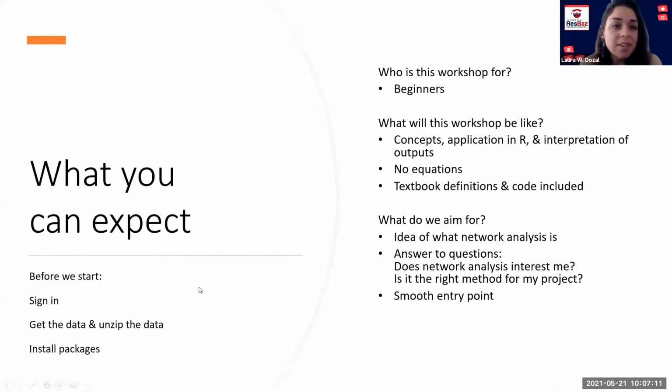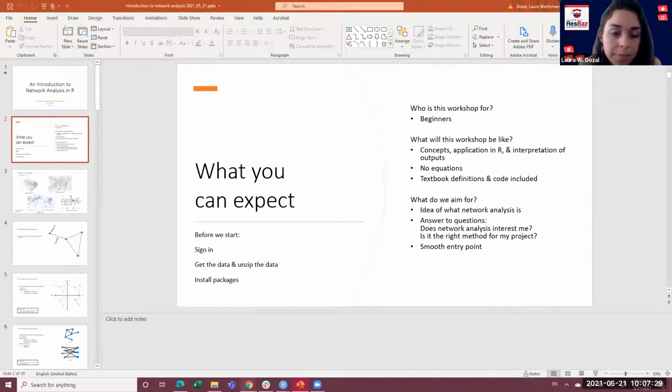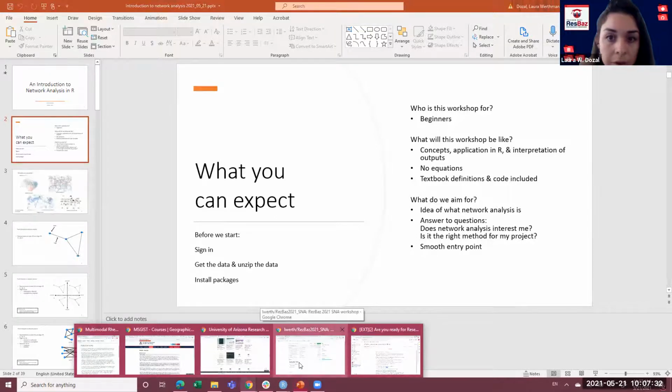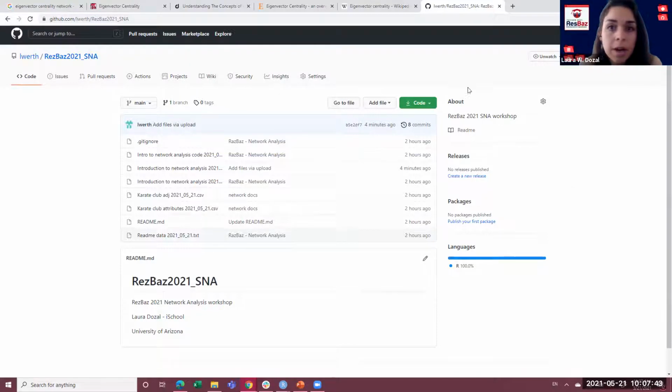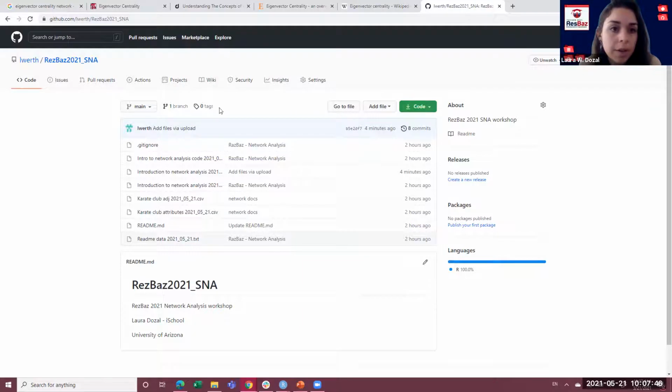Okay, so before we start, there's a link in Zoom for y'all to go to the GitHub and download the content, and hopefully you all already have RStudio. Essentially, you should be at this page from the link. Please let us know if you can't see this page, but you should be here and really just click download code, and you should get all of these files so we can start working on that.